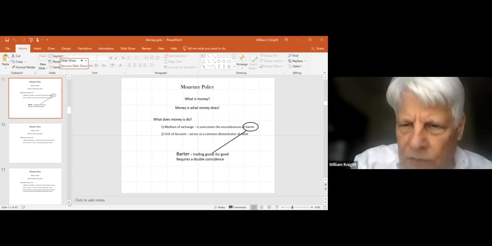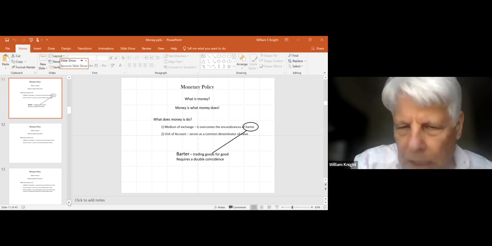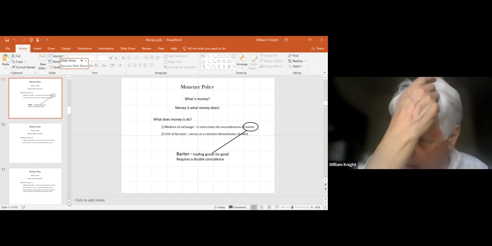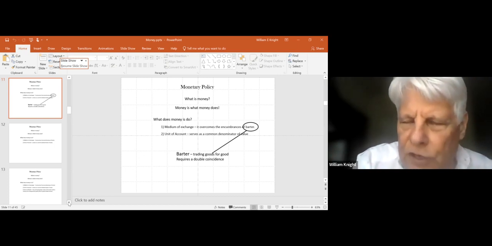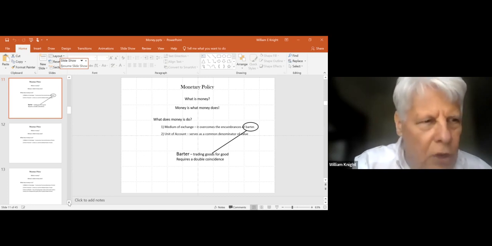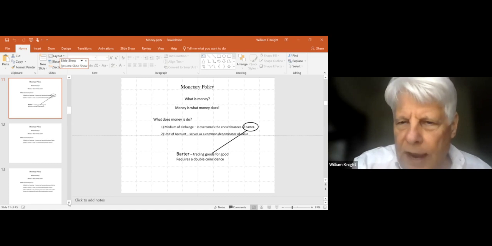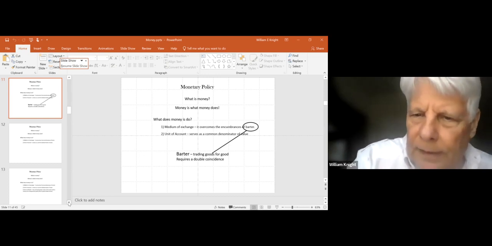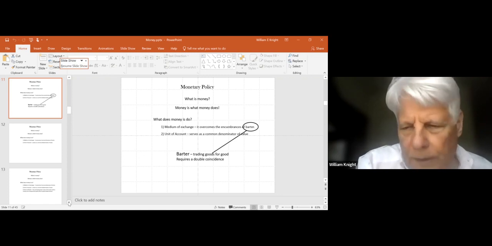That means that if you're trading goods for goods, the first coincidence that must be made is that the buyer must find a seller who has what he wants. If I want to go someplace and buy a bottle of wine, I must first find somebody who has wine for sale. Well, that's not very difficult. You could drop me on any street corner at random here in Prince George's County, and I'd be in front of a store that sold wine, so that wouldn't be a big deal.